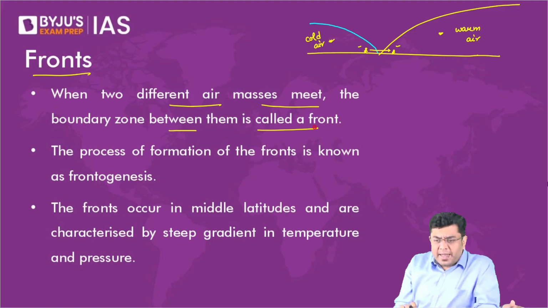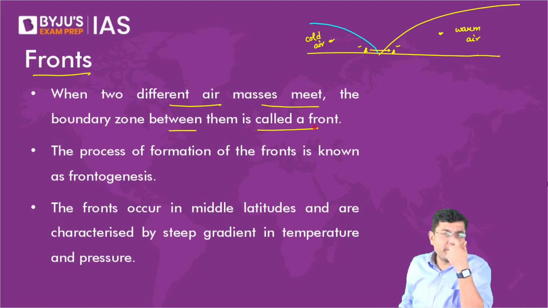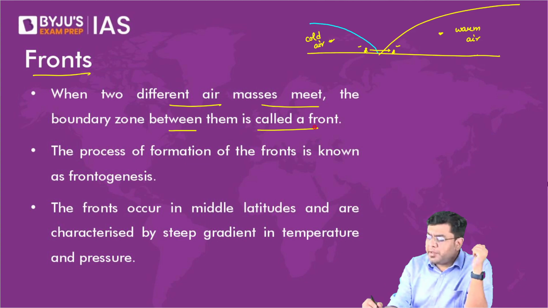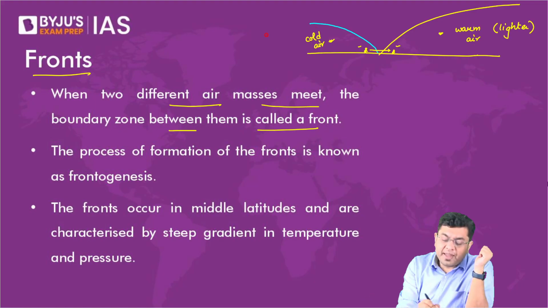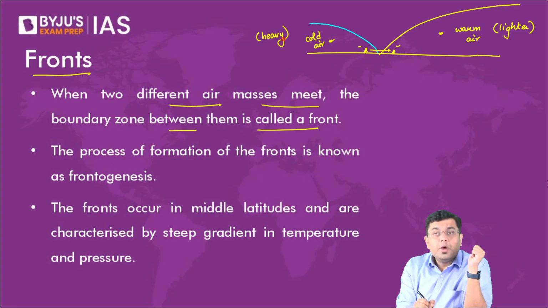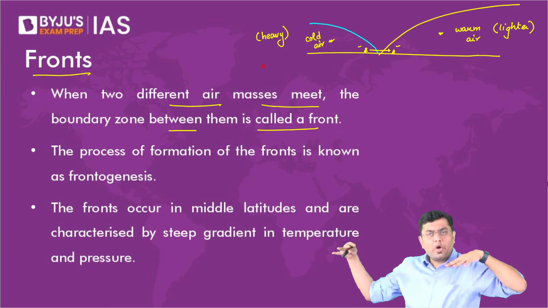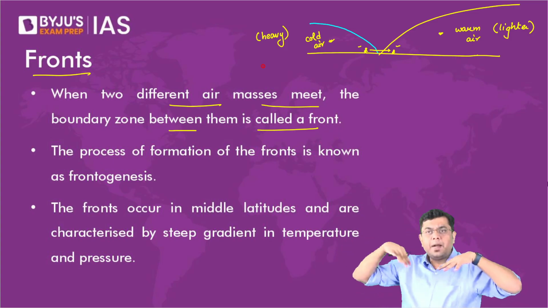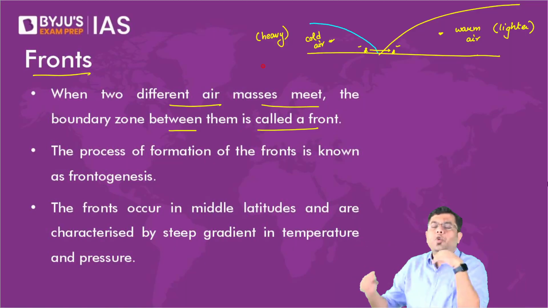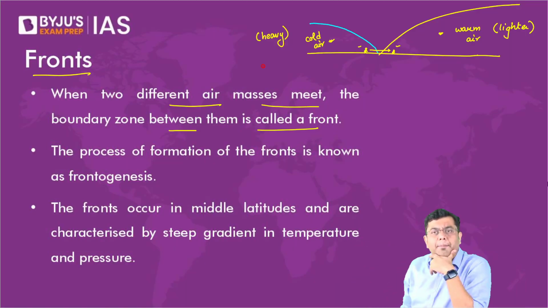Now, in the case of the front, on one side you will have colder air, on one side you will have warmer air. Now, warmer air is always going to be very light. And the cold air is going to be very heavy. Okay. Now, so when you have a heavy particle and a lighter particle coming in, suppose they collide, what can happen?